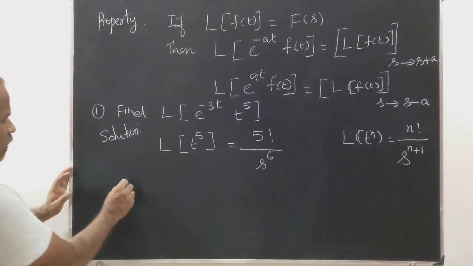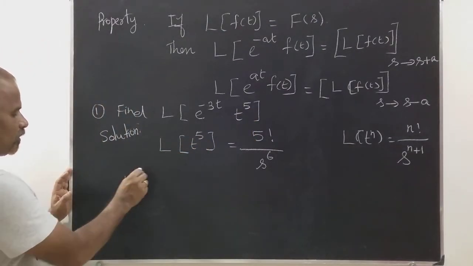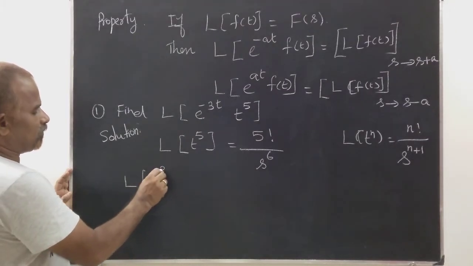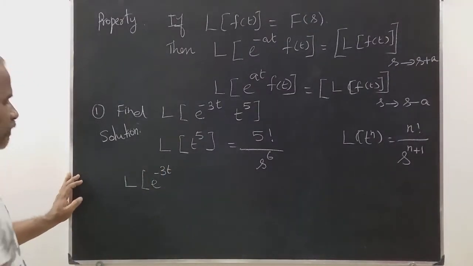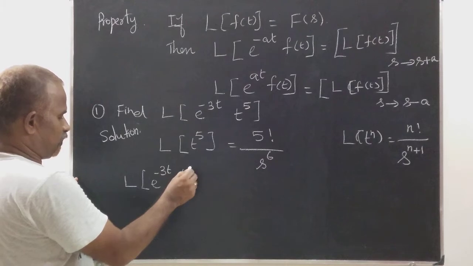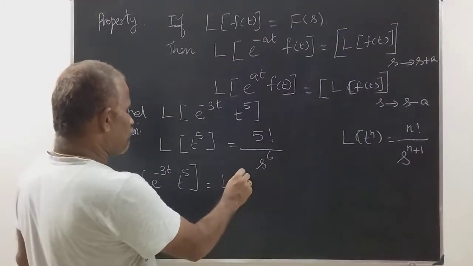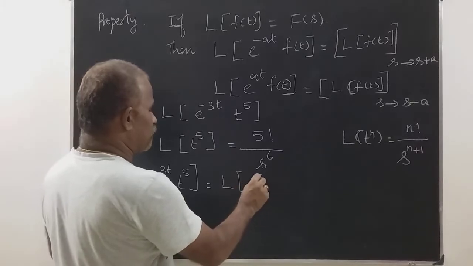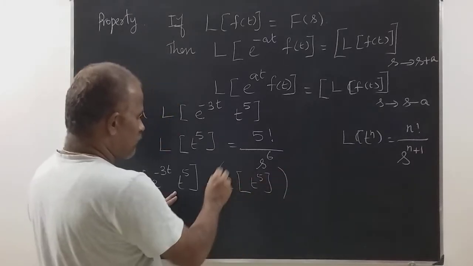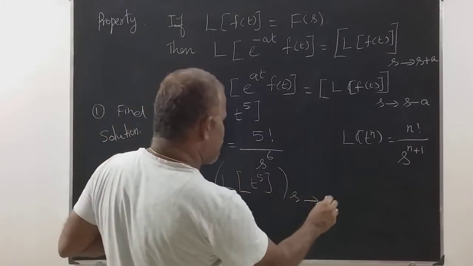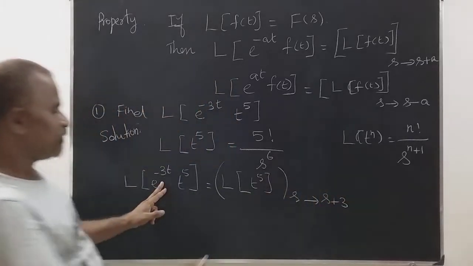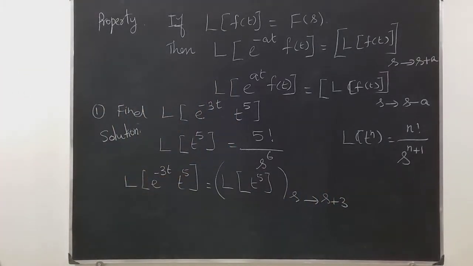So therefore now L of e power minus 3t into t power 5 is equal to L of f of t, that is t power 5, where s is replaced by s plus 3.